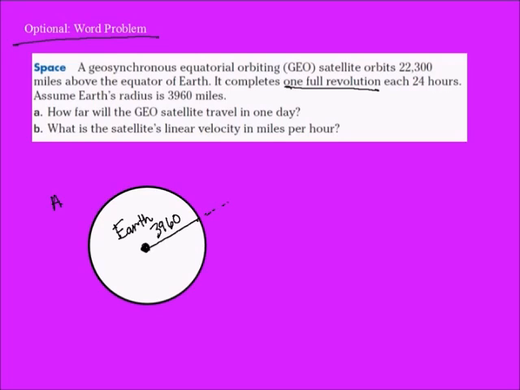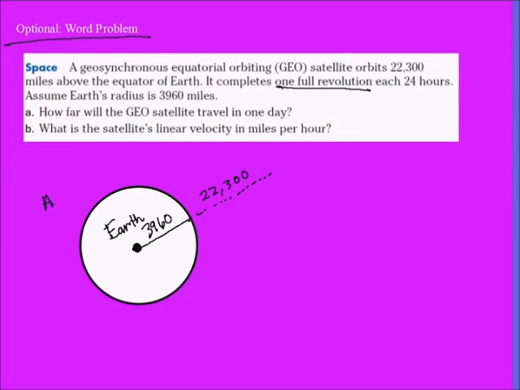But you have to remember also that we are 22,300 miles above the Earth, okay? So there's a bigger circle to be concerned about here. Let's see if we can actually make this circle right here. All right.